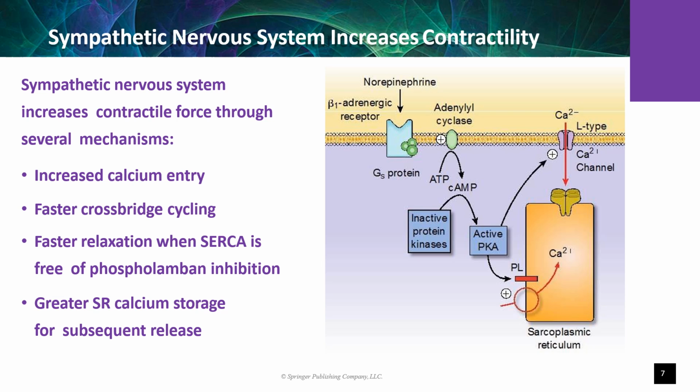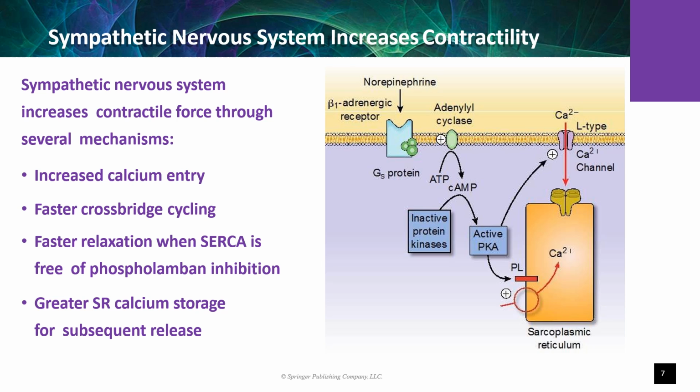Phospholamban is a protein of the sarcoplasmic reticulum membrane that regulates the rate of sarcoplasmic reticulum calcium activity, or the SERCA. When an individual is at rest with a relatively slow heart rate, phospholamban is not phosphorylated, and it inhibits the SERCA activity.